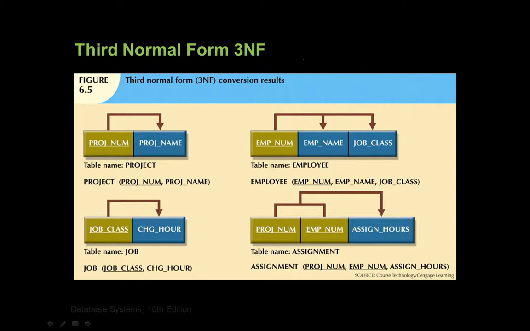And we've added a new table, a job class that has associated with it a per hour charge. And of course, the primary key for the job is the job class title.